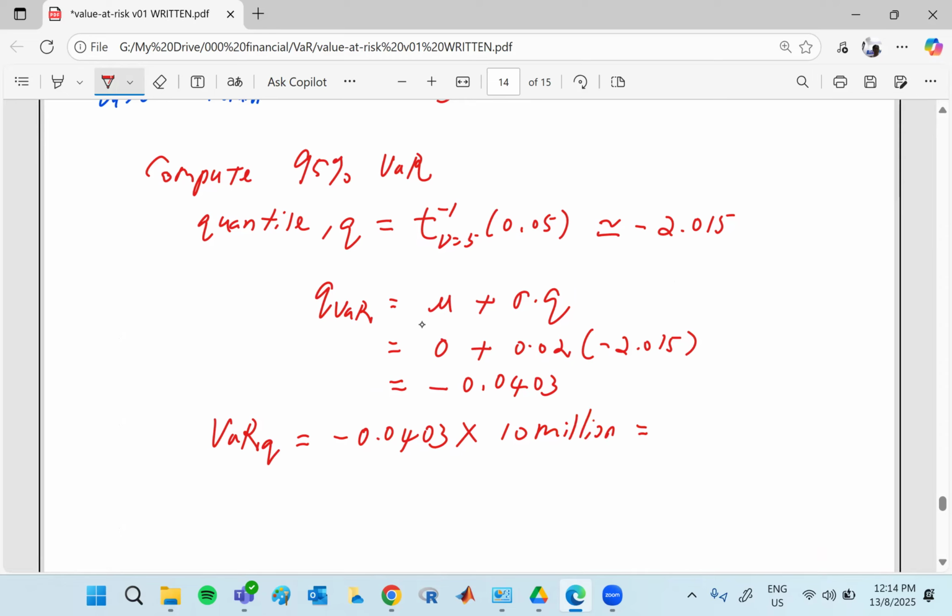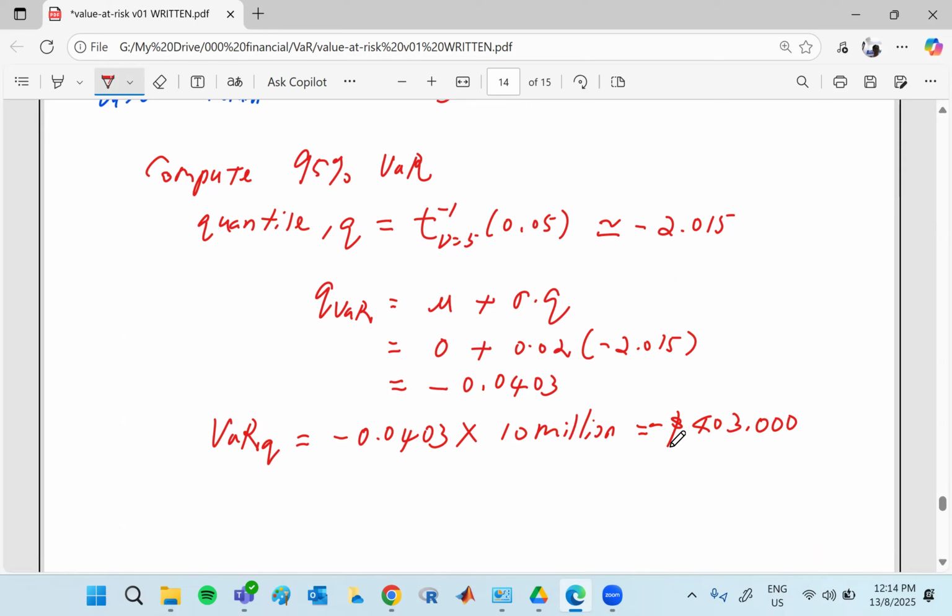Negative represents the loss. 403,000 will be the worst loss for the next day with 95% confidence. So there is a 5% chance for your portfolio to lose more than $403,000 in one day.